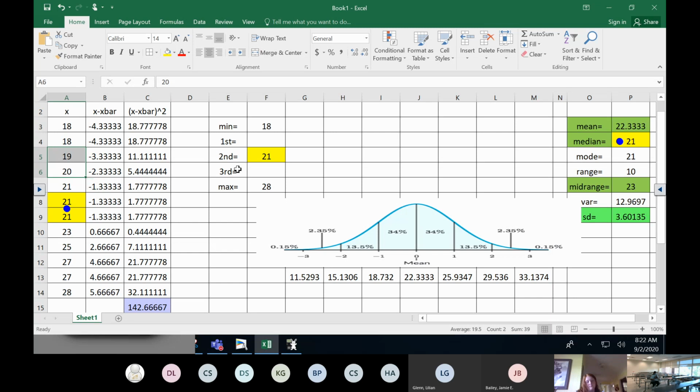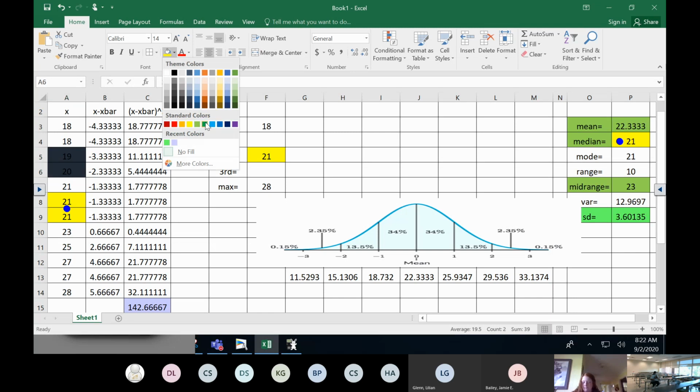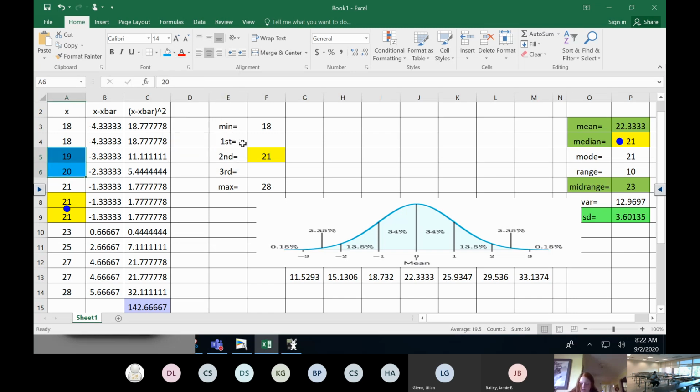That's your first and third quartile. So I'm going to highlight these in kind of a bluish color. And you're going to take the average of 19 and 20. Equals, parentheses, 19 plus 20 divided by 2.